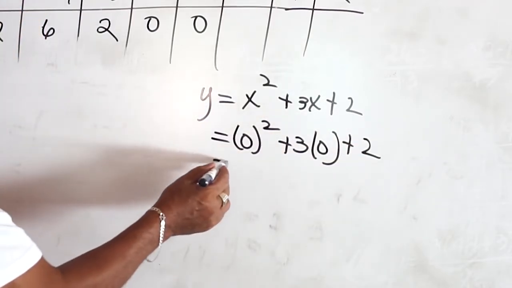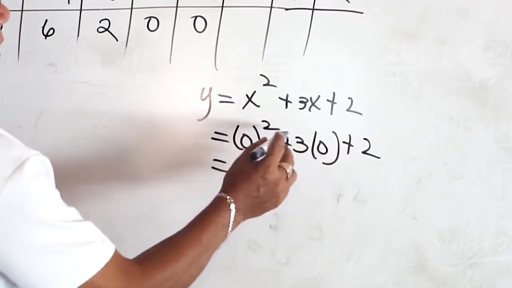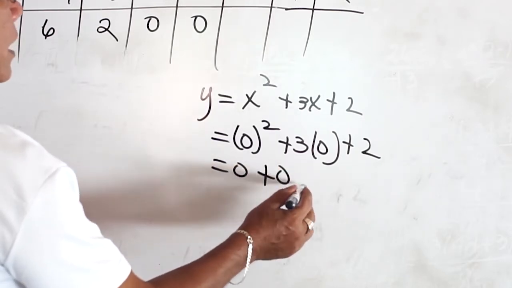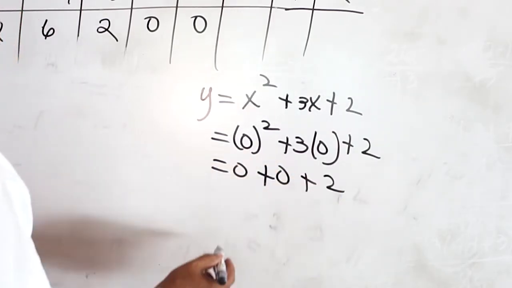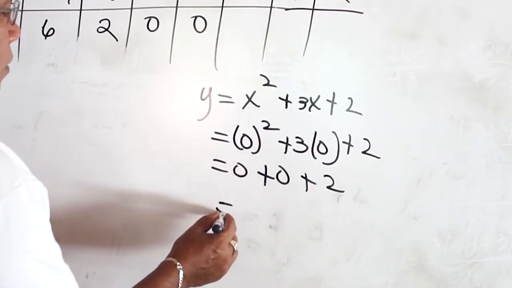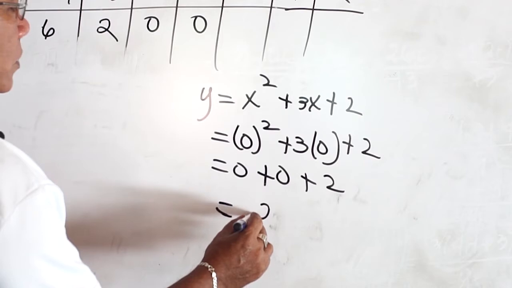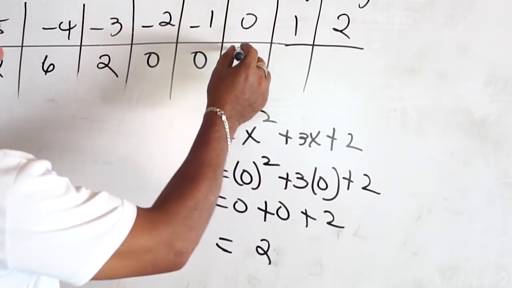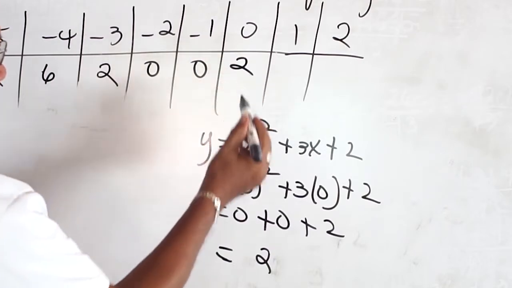The square of 0 is 0. 0 times 3, the result is 0, then plus 2. So we have 0 plus 0 plus 2, so the value of y is equal to 2. Therefore the ordered pair is 0 and 2.